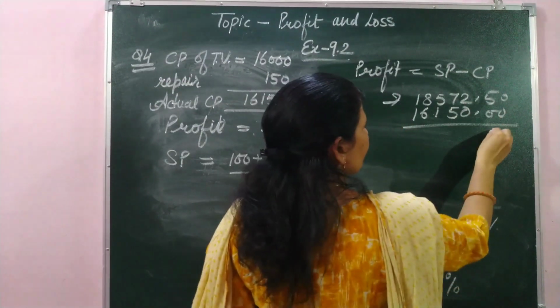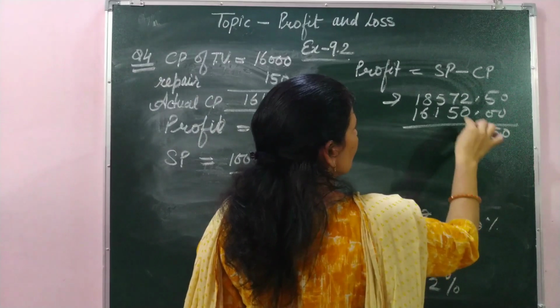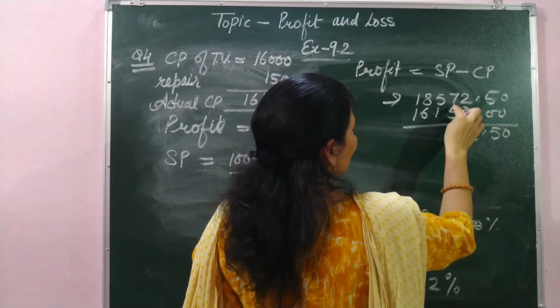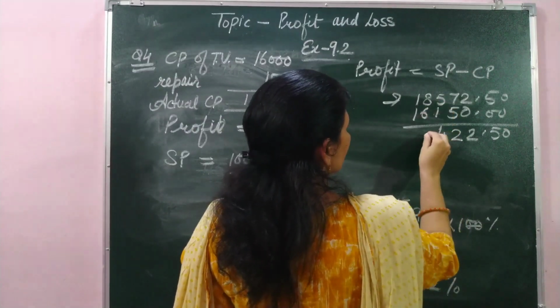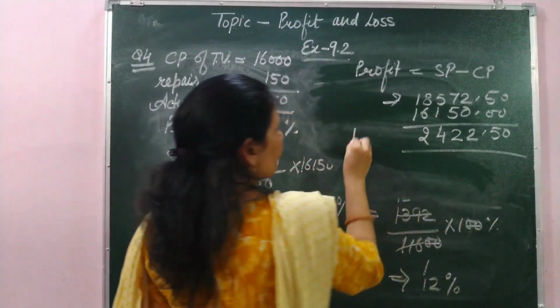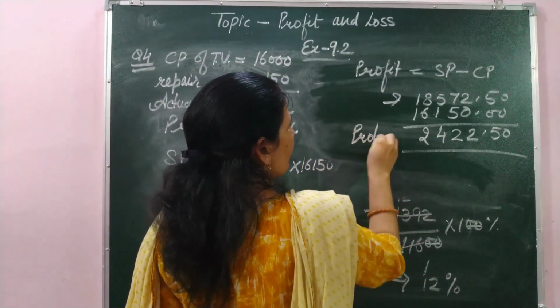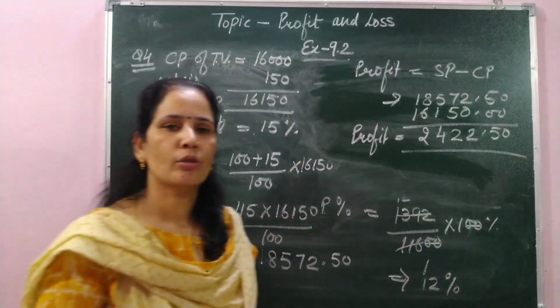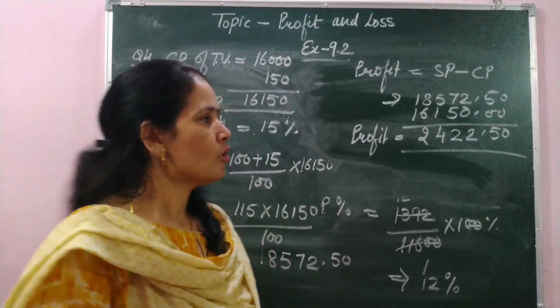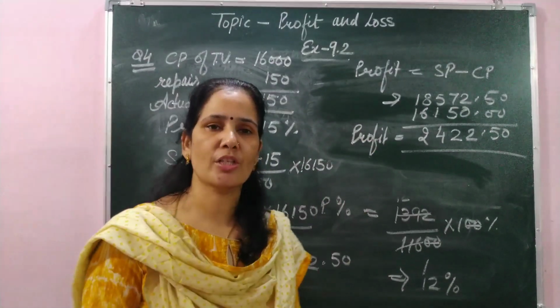So subtract it. Now the profit she gained is rupees 2,422.50. So in this transaction she gained this much amount.